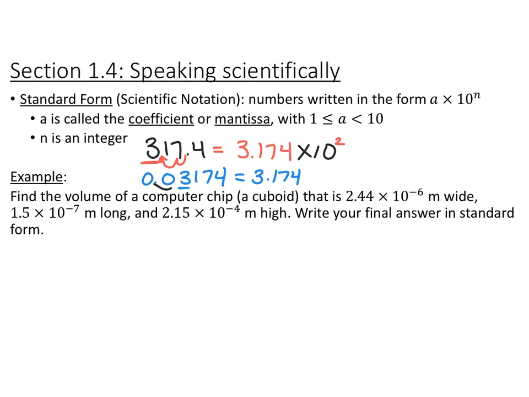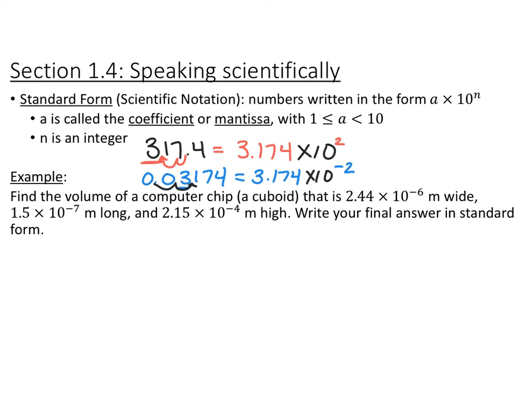Well, we moved it 2 places to the right, so it's going to be times 10 to the negative 2, because we are making it smaller when we take it out of scientific notation or standard form. So positive exponent if you're making it bigger out of scientific notation, negative exponent if when you take it out of scientific notation it gets smaller.